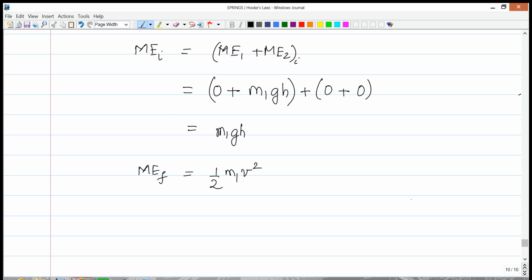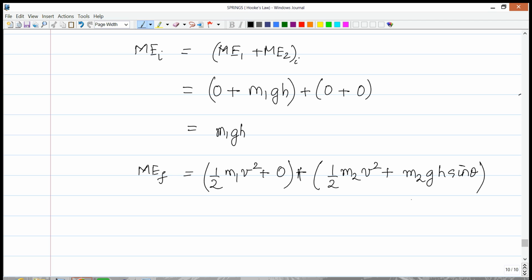This v is what we're looking for, plus 0 for its potential, plus for block 2, it has 1/2 times m2 times v squared plus m2 g times h sine theta. Remember once again that the height gained by the block on the incline is h sine theta, and it's not simply equal to h. That's a common mistake that people make, so try to make sure that you don't make that mistake.